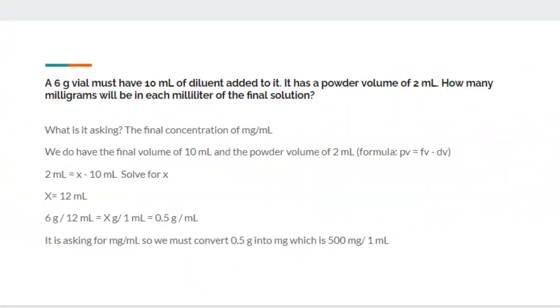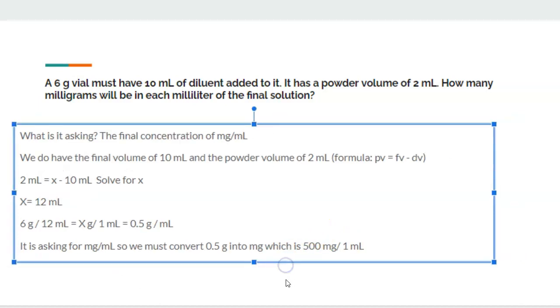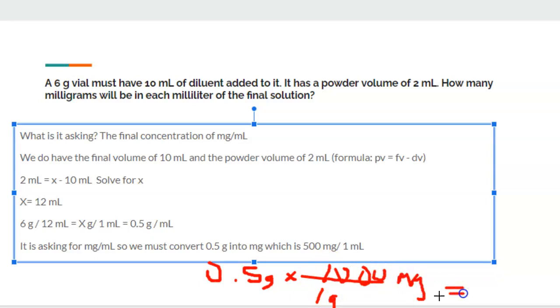Or you can set it up as dimensional analysis, which would be 0.5 grams times 1 gram over 1,000 milligrams, and then cross those off, and 0.5 times 1,000 is 500.